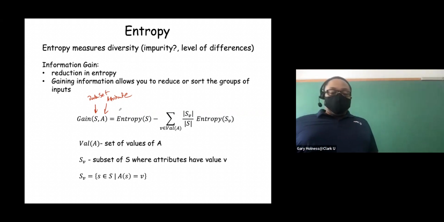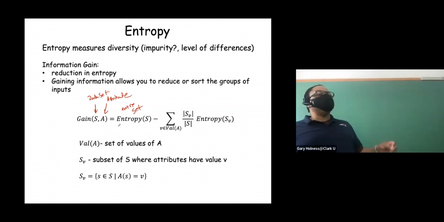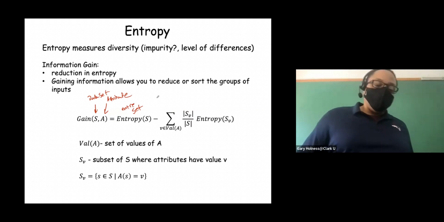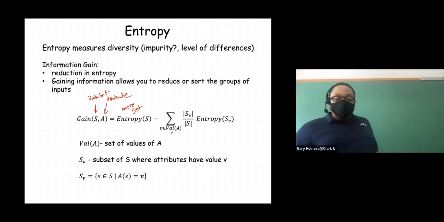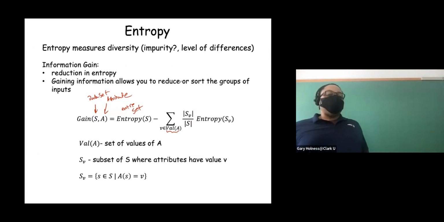You take the entropy of the entire data set or the entire set that you're given. And when you take the set, you apply some test based on the attribute, and each attribute has a set of values. So years in residence might have 8 years, 7.5 years, 12 years, and so forth. So for each one of the attributes, you look at all of the values that an attribute can take on, and then you partition your data set into subsets based on that value.